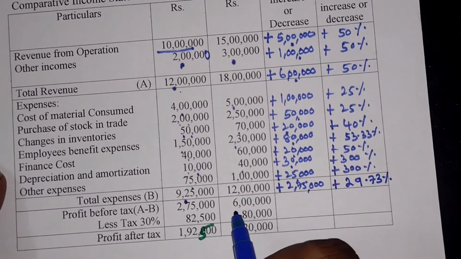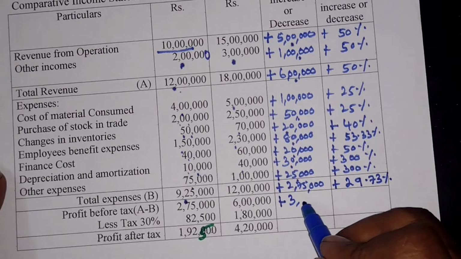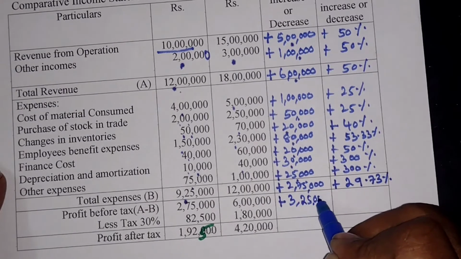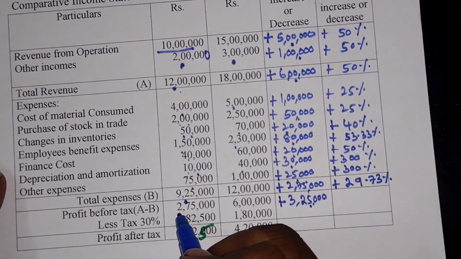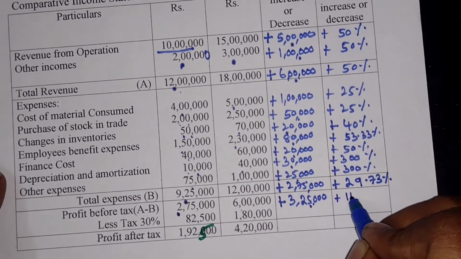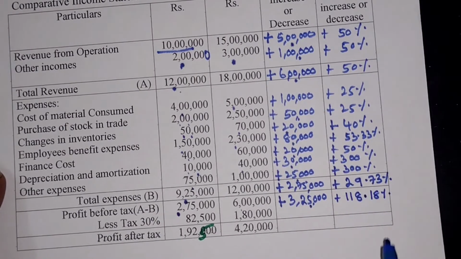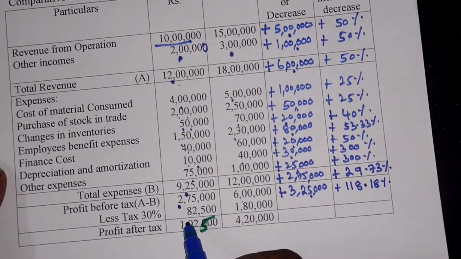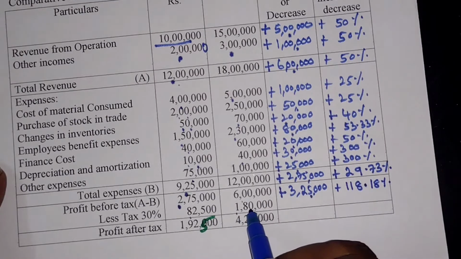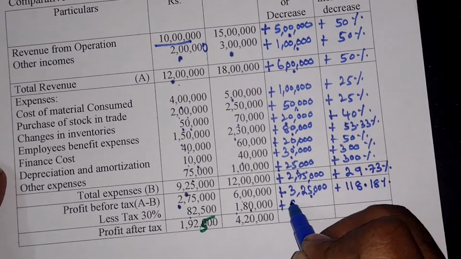Next, 2 lakh 75,000 and 6 lakh, if you see that plus 3 lakh 25,000. 3 lakh 25,000 divided by 2 lakh 75,000, we get 118.18%.